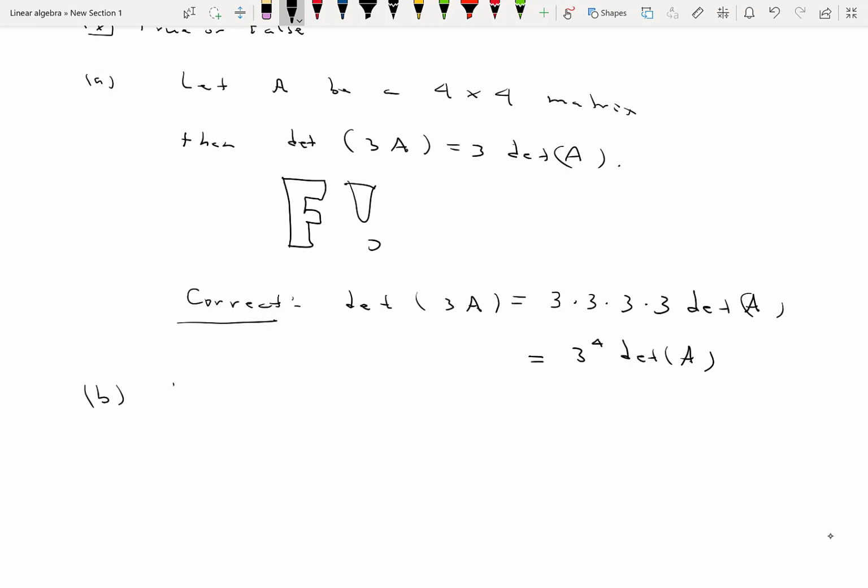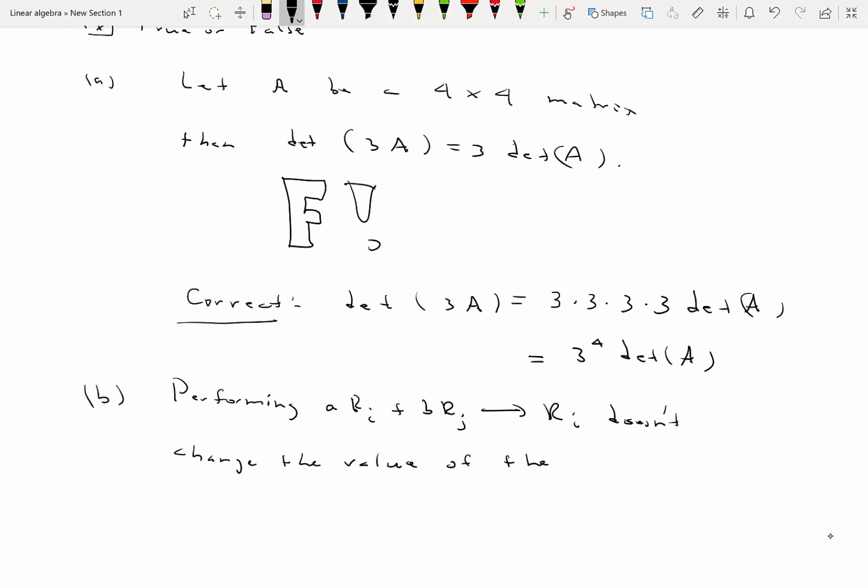So B: performing A times row I plus B times row J back into, let's say, row I doesn't change the value of the determinant. Yeah, let's do it that way.